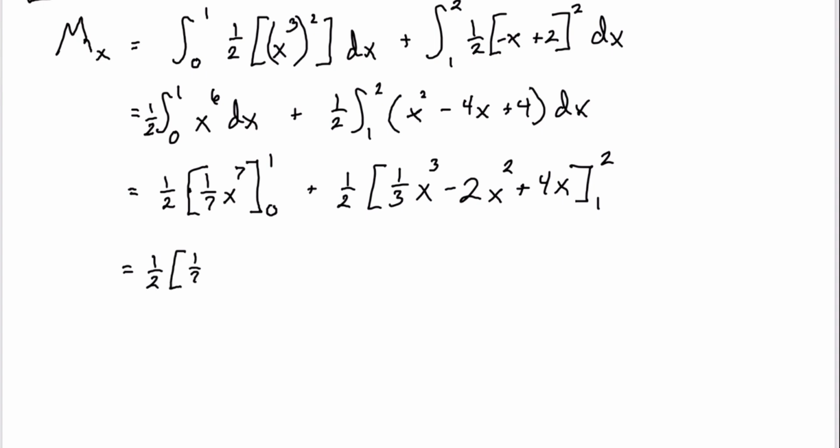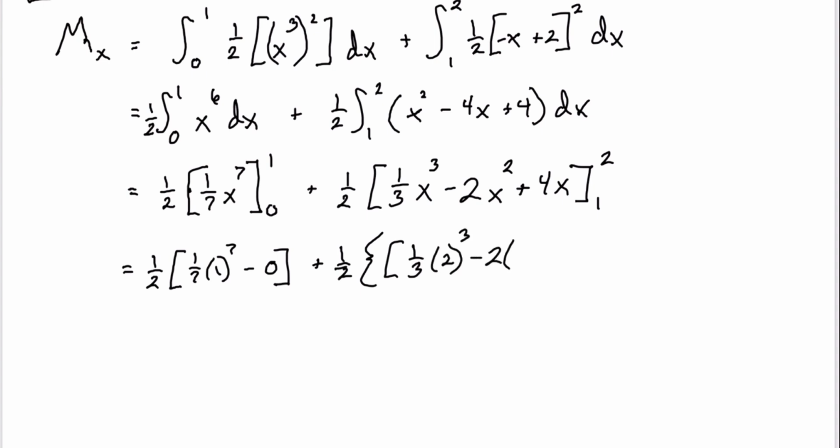We have 1/7 times 1 to the 7th minus, plugging in 0 is just going to give us 0, plus 1/2 times, let's go through and plug in 2, and then we'll subtract and plug in 1. Running out of space.